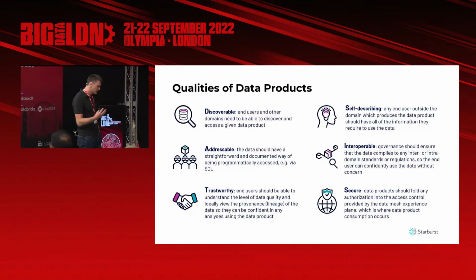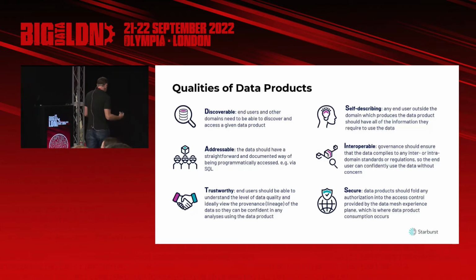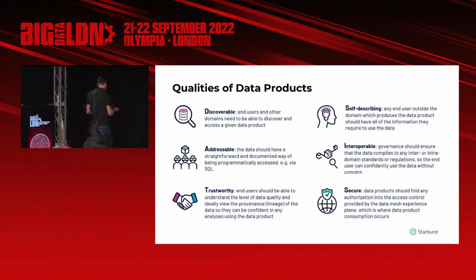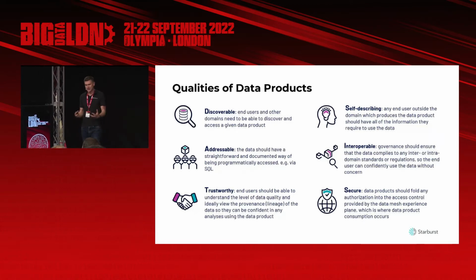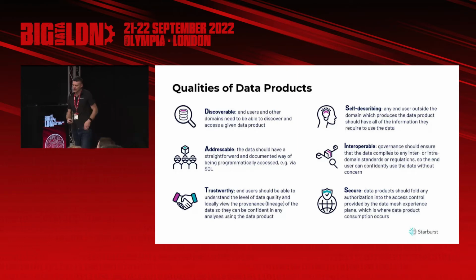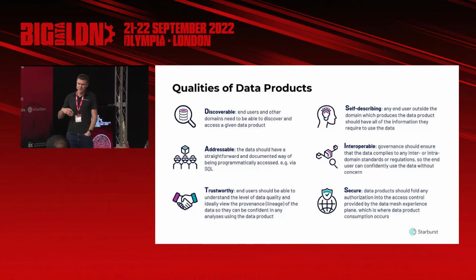We can talk about a whole bunch of things that a data product must have. But really, what we need to be able to do is find it, connect to it, and have some security around it so that it's controlled in terms of what we do. These are all things that we want a data product to be able to provide us.